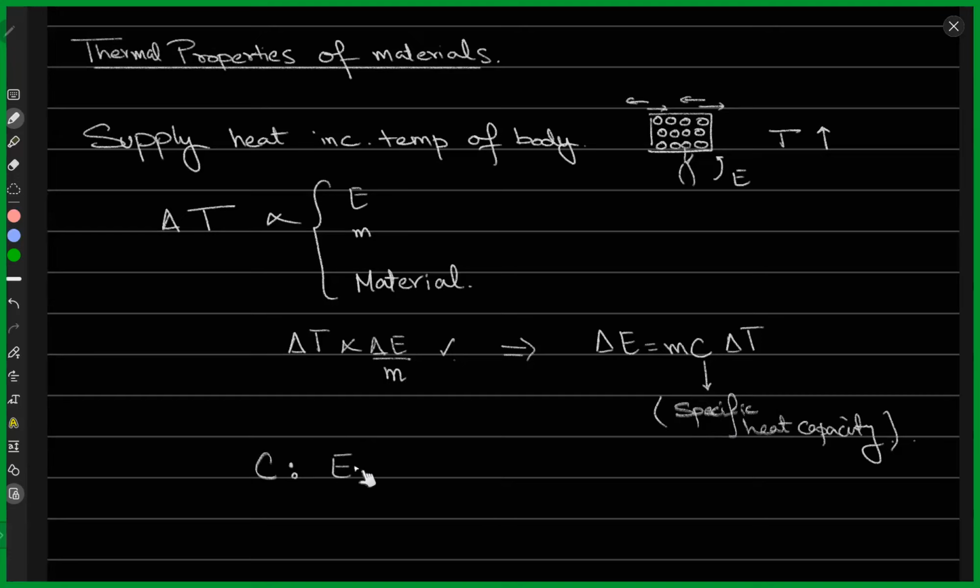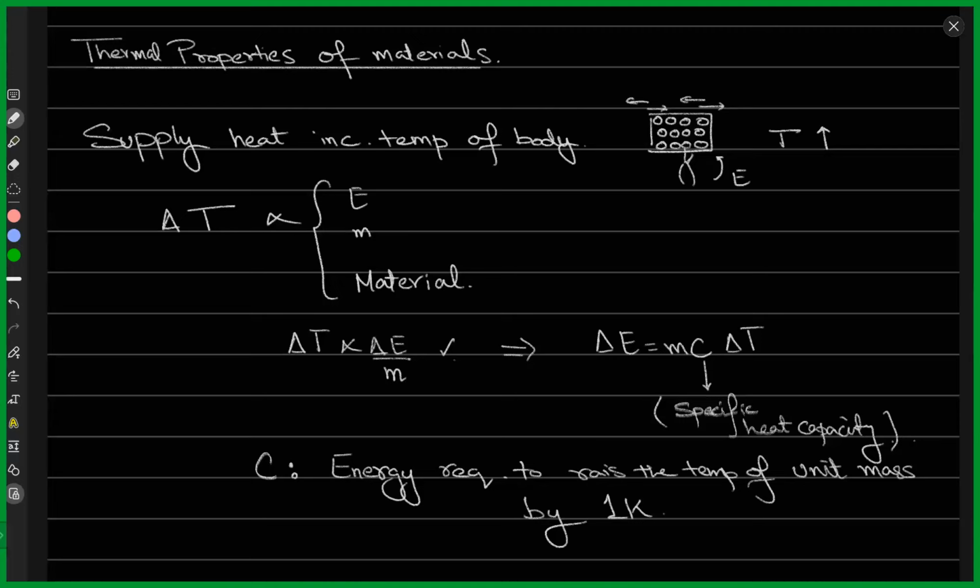So it is the energy required to raise the temperature of a body, right? So you can say of unit mass, by 1 Kelvin. Of course, if you're talking in terms of kelvins, then you'd say 1 Kelvin.